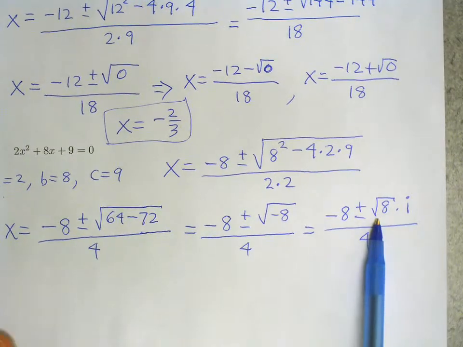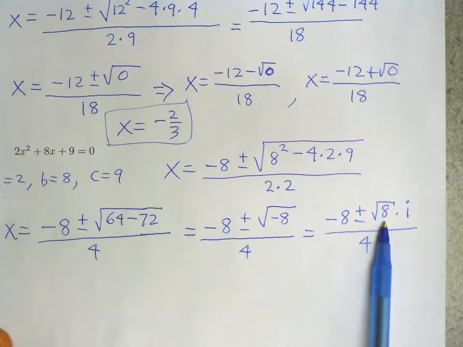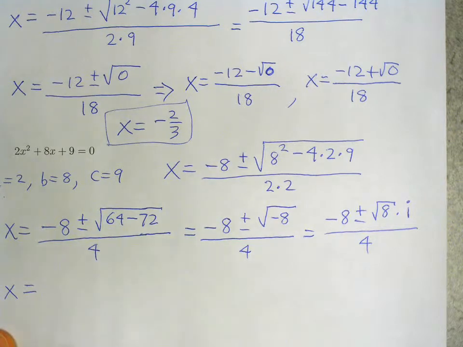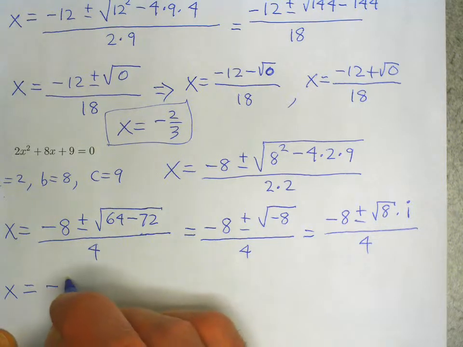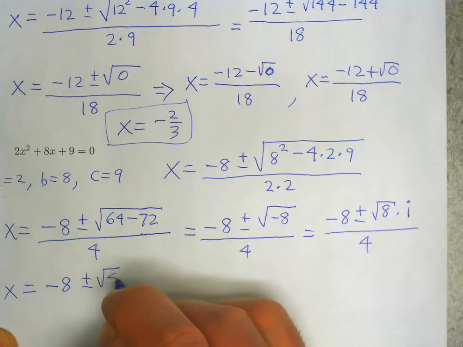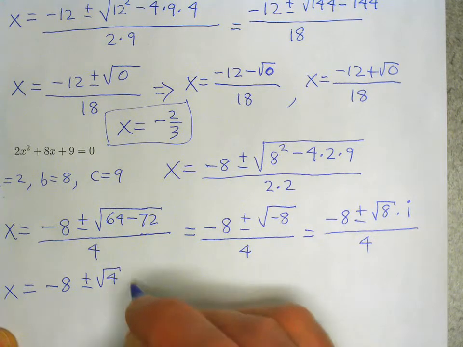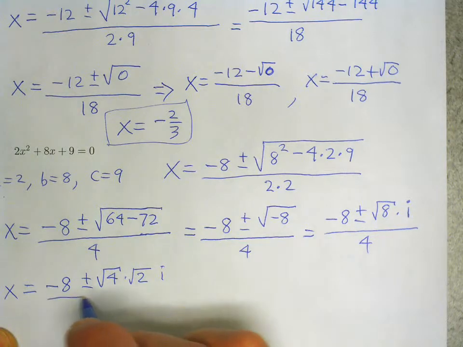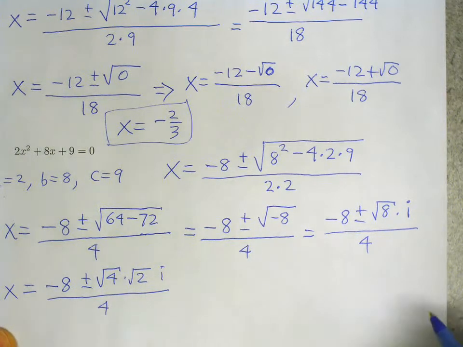Okay, so the largest factor of 8 that's a perfect square is 4. 4 times 2 is 8. So we'll write down some detail. Negative 8 plus and minus the square root of 4 times the square root of 2 times i, all divided by 4.